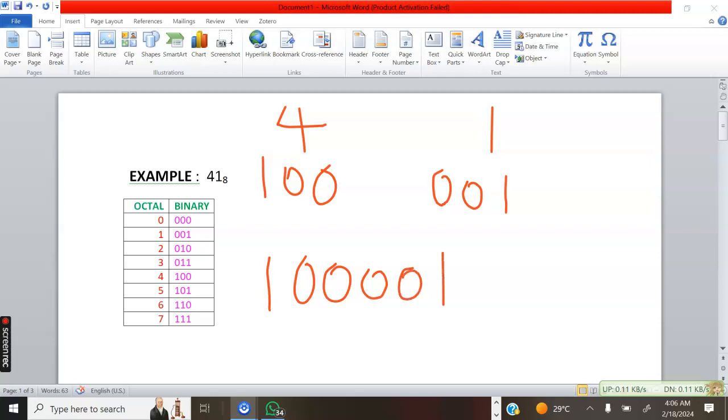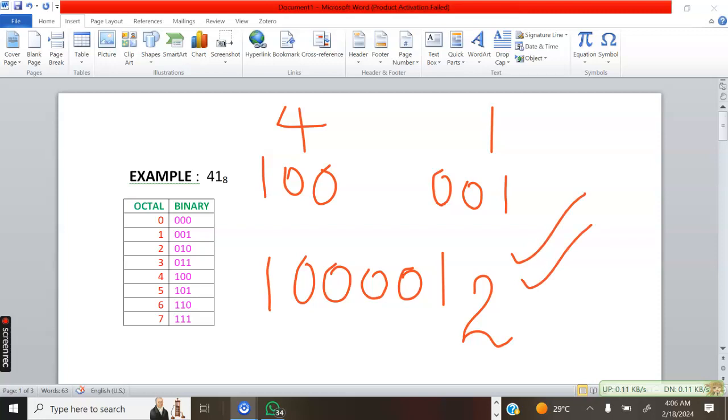So what we have done, we have combined the 2 groups, then you write the answer in base 2. So this is base 2, and that is the answer. The answer is 1 0 0 0 0 1. So this is correct. This is a good work.